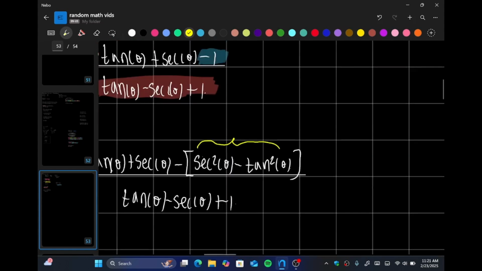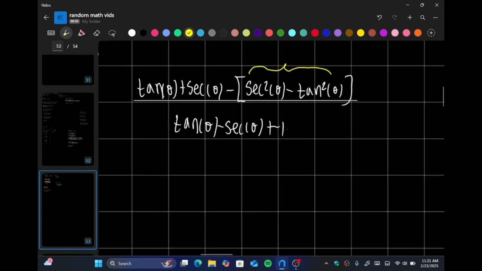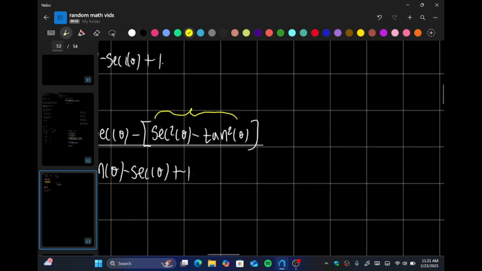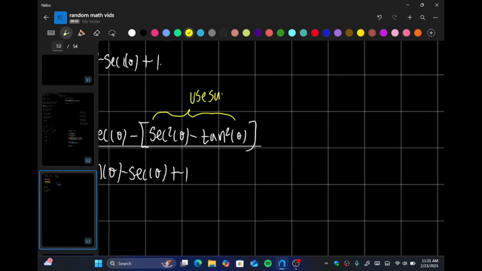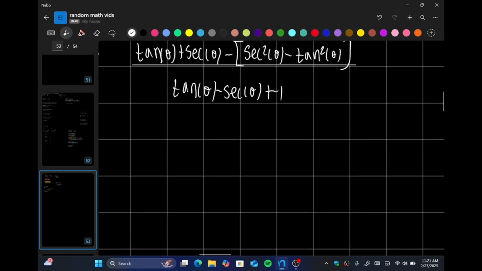So here we're gonna go ahead now and use the sum and difference pattern of two squares. Okay, so I'm gonna just go ahead and do that, guys. If y'all need help with the sum and difference pattern, I think I do have videos over that on my algebra playlist, but I'm gonna go ahead and just do this.